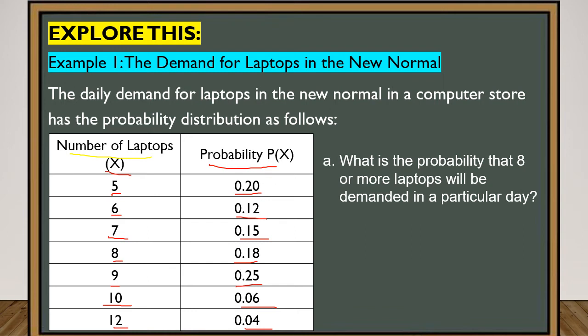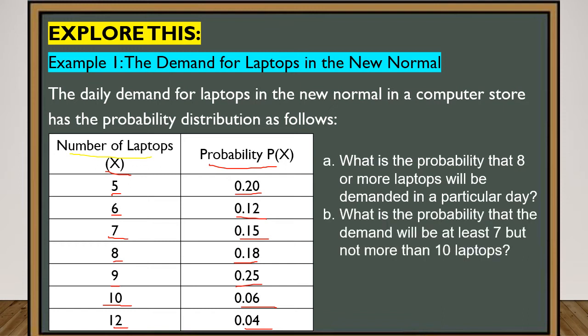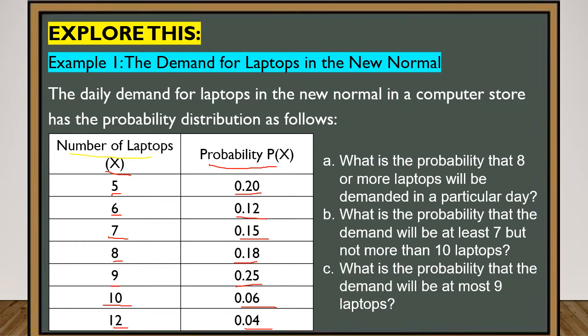So how do we get the probability of getting 8 or more laptops in a particular day? Letter B, what is the probability that the demand will be at least 7 but not more than 10 laptops? And letter C, what is the probability that the demand will be at most 9 laptops? So how do we get these probabilities?